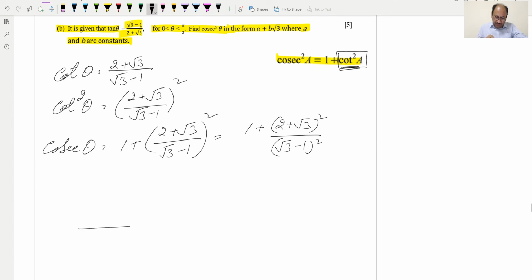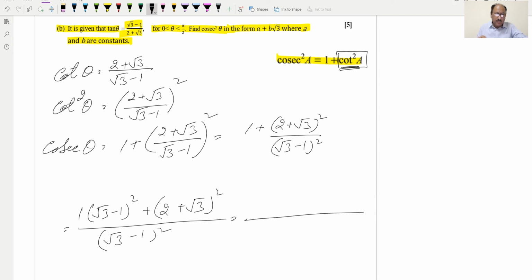Now we can take LCM, and LCM will be what? (Root 3 minus 1) squared, and 1 will be multiplied. So 1 into (root 3 minus 1) squared, plus (2 plus root 3) squared. And we can open this square.